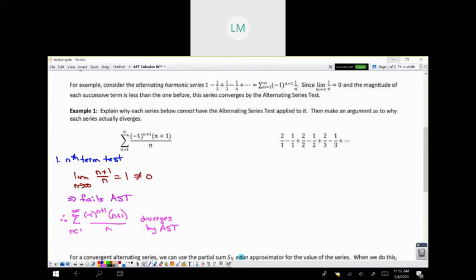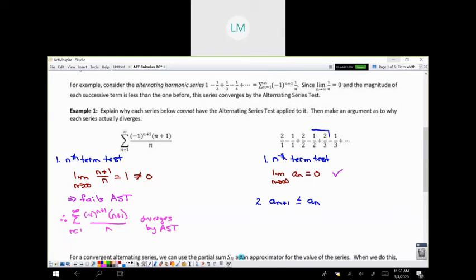So now let's look at the second example. Now this one, we don't have an nth term for it, but we can still see that the limit as n goes to infinity of a sub n is going to 0. The terms are decreasing, so it passes here. The second, a sub n plus 1 is less than or equal to a sub n.